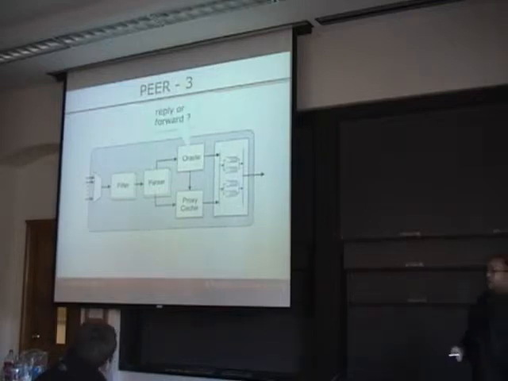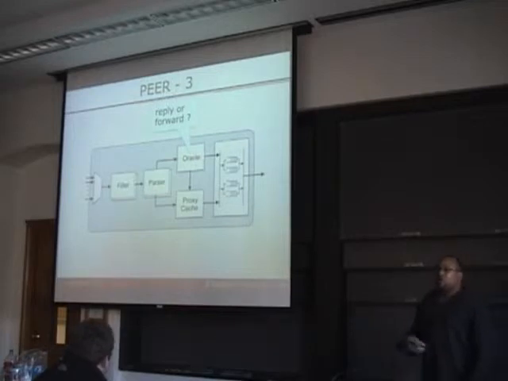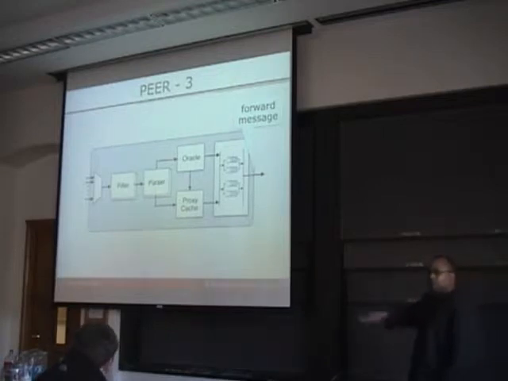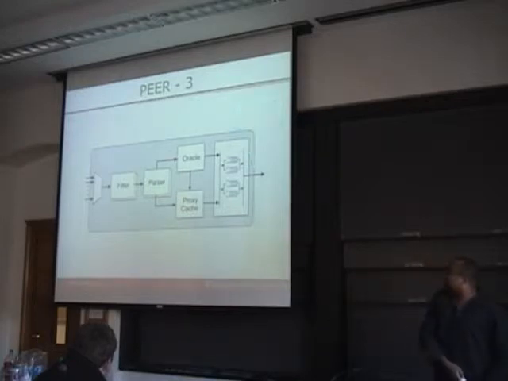And there's an oracle component that makes a decision whether to reply or not and implements our first response policy. And there's also a proxy cache, which stores a list of peers. The oracle decides whether it should respond or not to that query. Assuming that it decides not to, it forwards the message onto the application tracker. The proxy cache responds to the message.